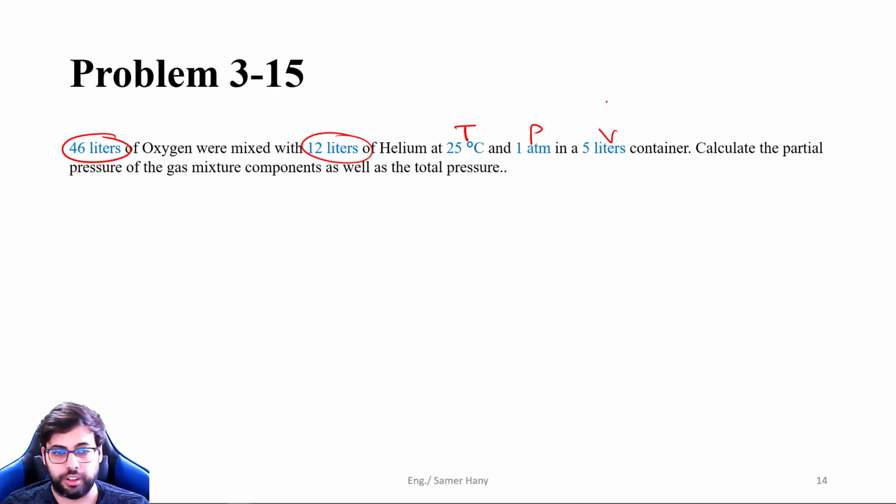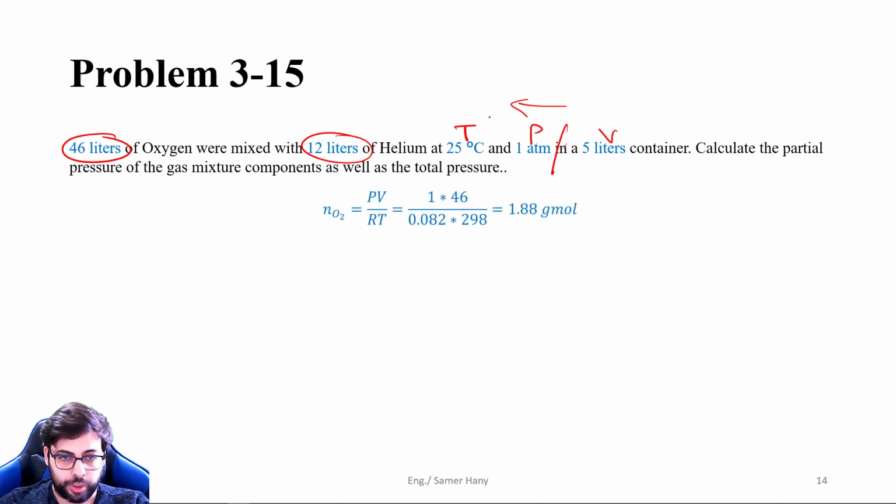How do we mix two volumes that would result in like 58 liters of volume for the gas and put them inside a 5-liter container simply by compressing them into the container? Okay, so the temperature and pressure are actually for the inlet gases, and we will compress them and pressurize them to go into the 5-liter container at 25 degrees Celsius.